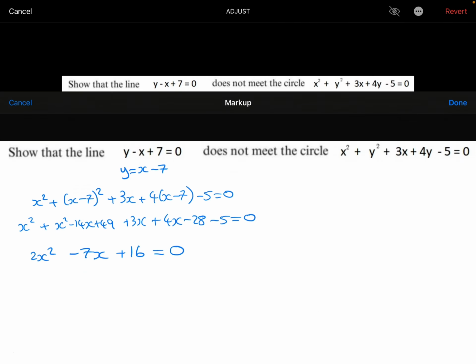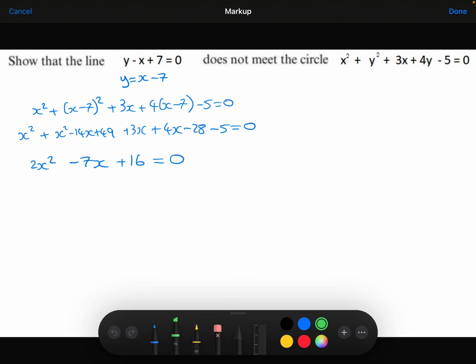Second example, we needed to show that the line y minus x plus 7 equals 0 does not meet the circle x squared plus y squared plus 3x plus 4y minus 5 equals 0.